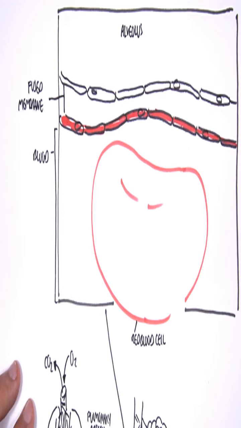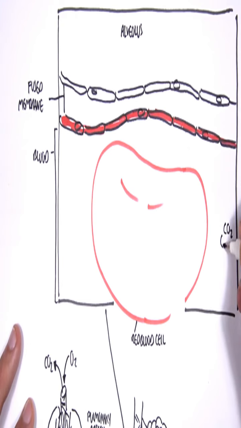So it is a structure that receives the carbon dioxide and that offloads oxygen into the blood. So let's first begin by looking at how carbon dioxide is transported from the blood back into the alveolus, into the lungs, so that we can exhale the carbon dioxide.